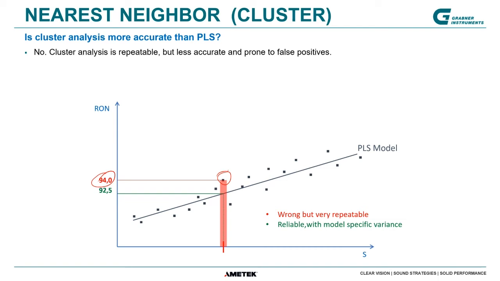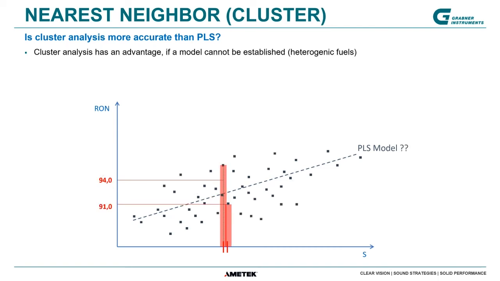The cluster analysis or nearest neighbor search has, of course, some advantages if it's very difficult to establish a PLS model, like you see here, when you have very heterogeneous sample composition, which is just not allowing you to make a good tight model.